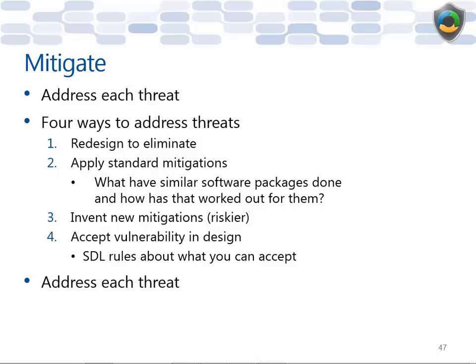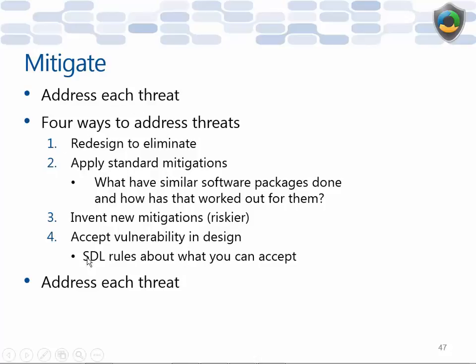And as it says, it's riskier because it will take time, person power, and money, but even more importantly, if it hasn't been tested yet out in the field, it's riskier. Or you accept the vulnerability in the design, you let the customer know about it, and you say, maybe you should turn that feature off by default, and we'll just turn it on when we need it.